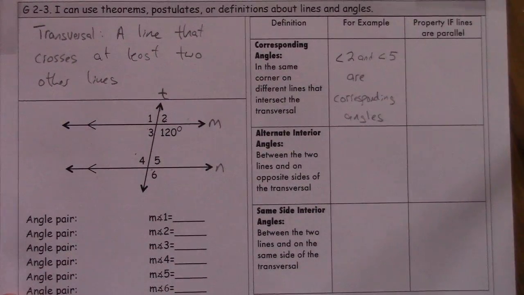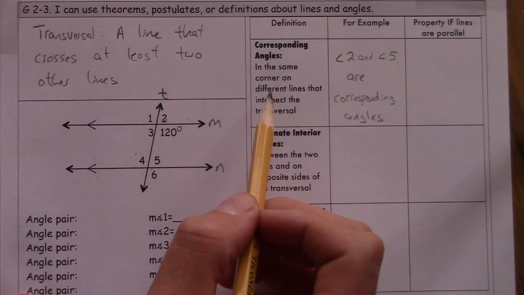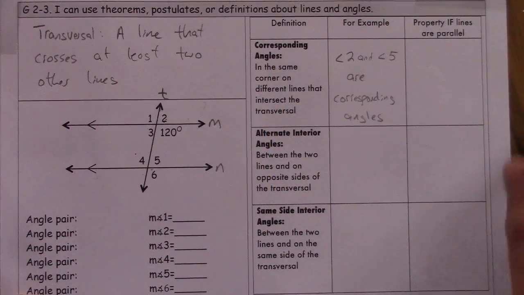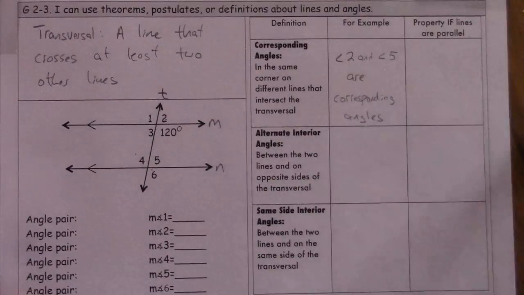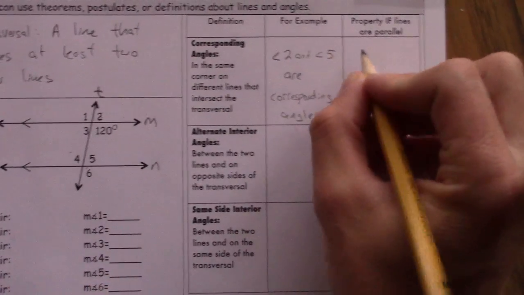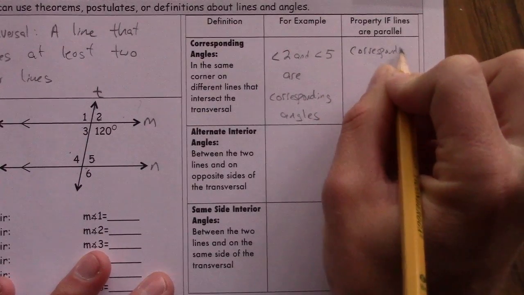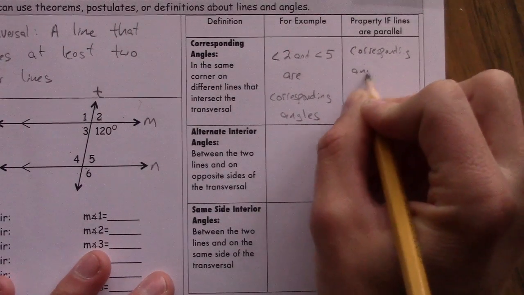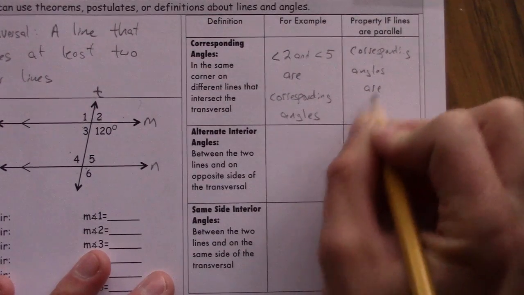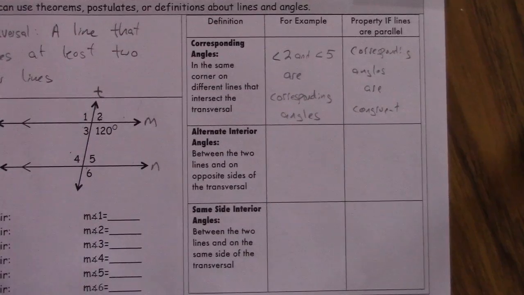If these two lines are parallel, which they are in this case, corresponding angles are congruent. Corresponding angles are congruent, but only if the lines are parallel.